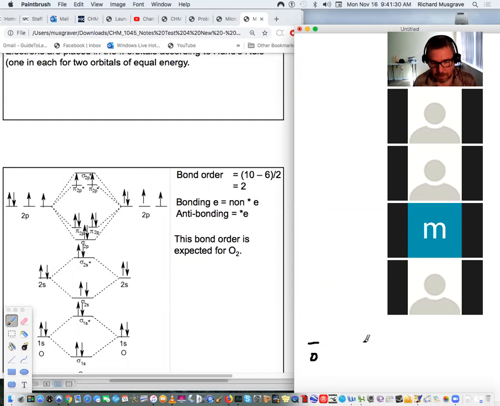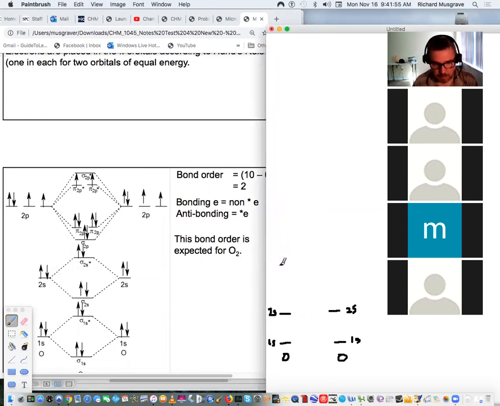The first thing we're going to do, and I'm going to show you how this is done from the beginning, is we draw the atomic orbital diagram for each separate individual oxygen atom. And this is before we do anything, okay? Now remember what oxygen is.